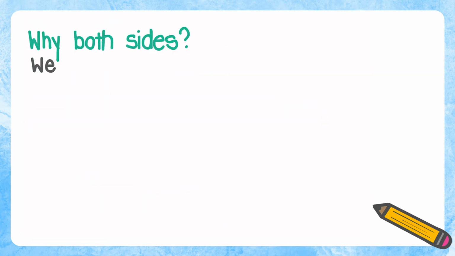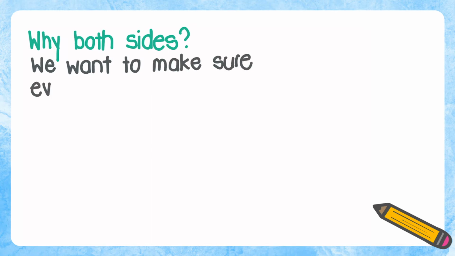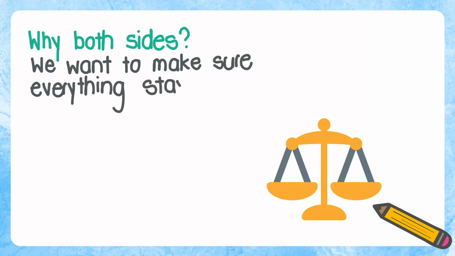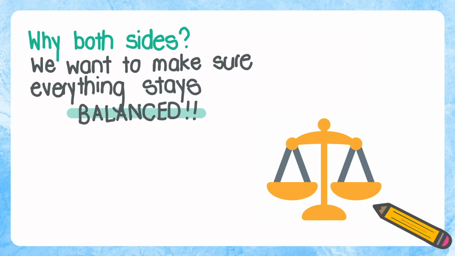And then we want to apply inverse operations to both sides, because we want to make sure everything stays balanced. So think of an actual balance like this, where in order to keep them the same weight, you'd have to take away or add on the same amount to both sides.